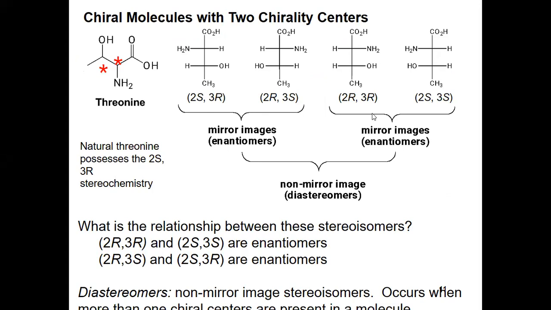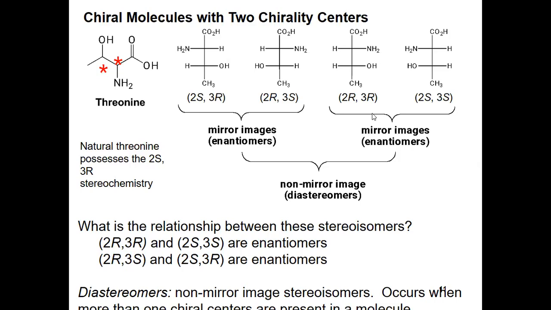So if you draw a mirror in between this molecule, then it will reflect the other side. But you notice that you cannot superimpose them, so those are enantiomers. Same as these two molecules here, the third and fourth examples, they are enantiomers as well.